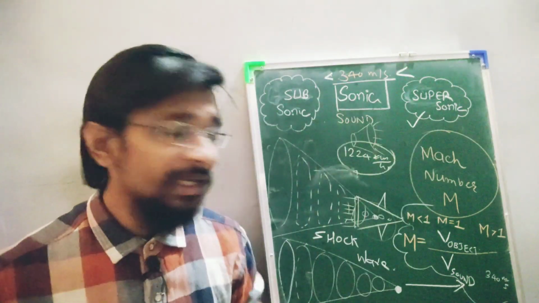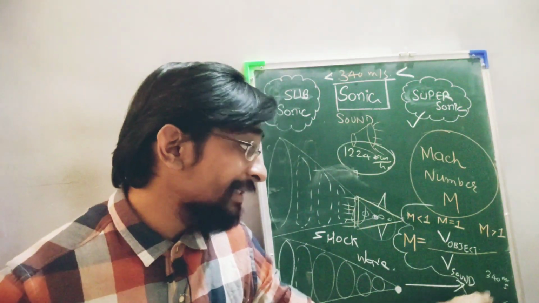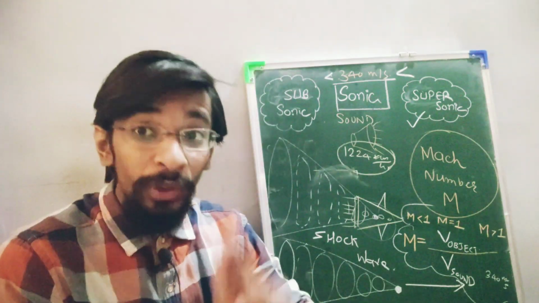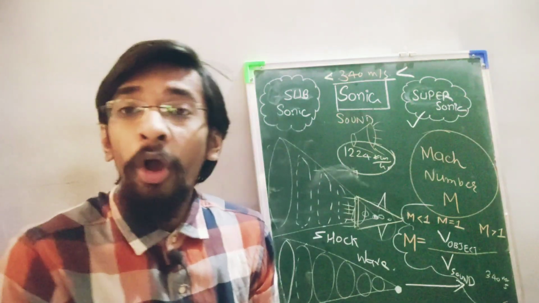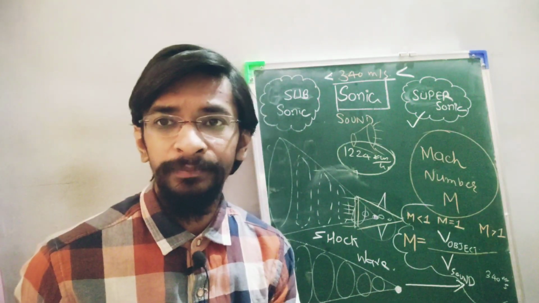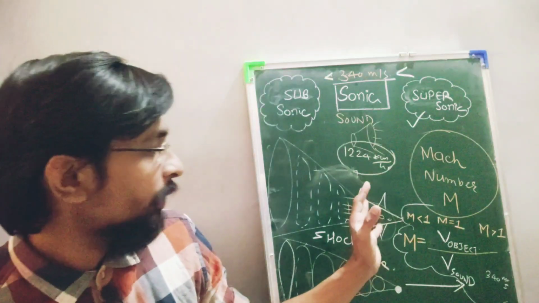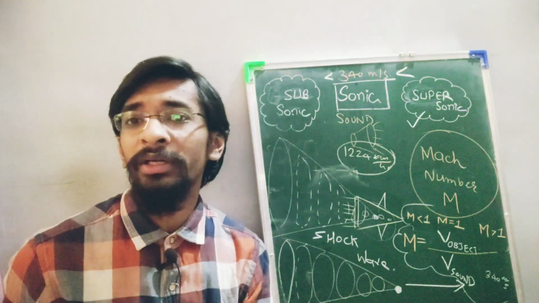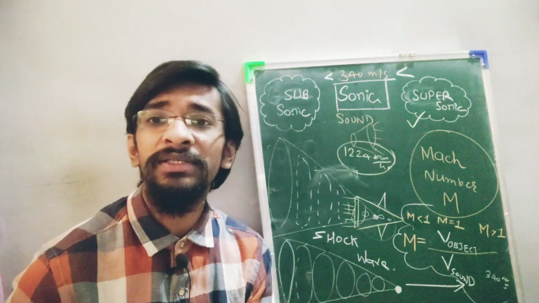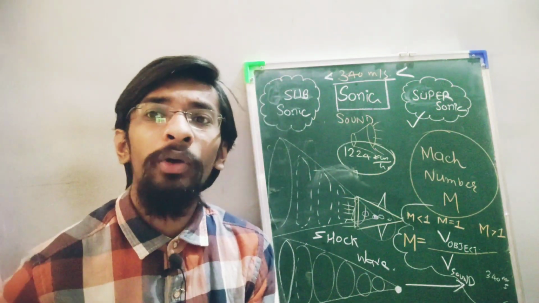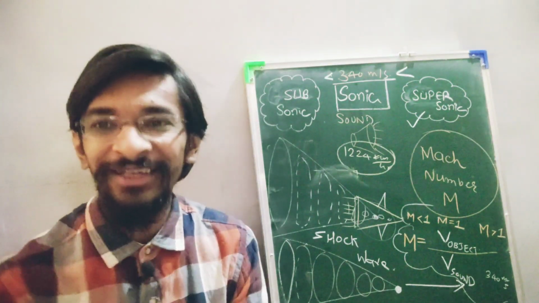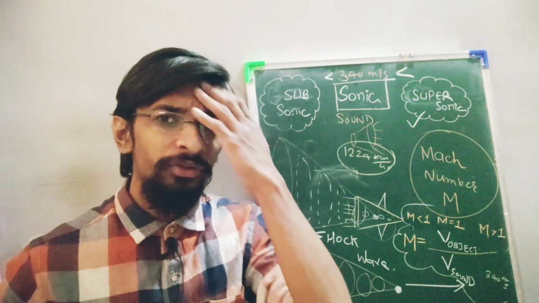But if the velocity of the object exceeds 340 meters per second, then it will be termed a supersonic object, moving with a speed greater than the speed of sound. Shock waves will be produced and we have to learn all the parameters. So this Mach number is a physical quantity giving us information about the speed at which the object is moving.